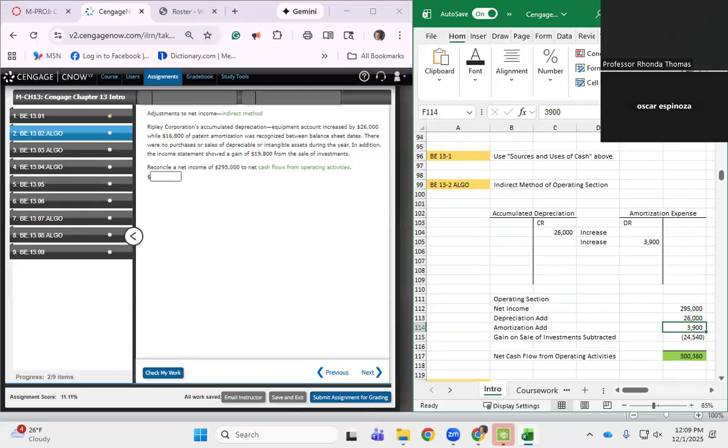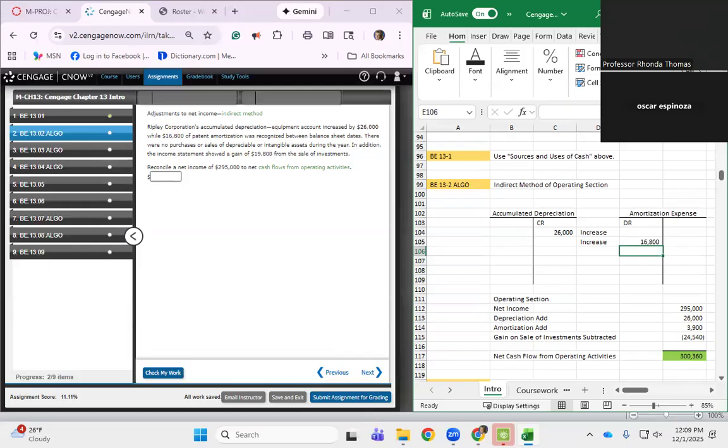Amortization is the expense of an intangible asset. The amortization expense is $16,800. There were no purchases or sales of depreciable or intangible assets during the year.